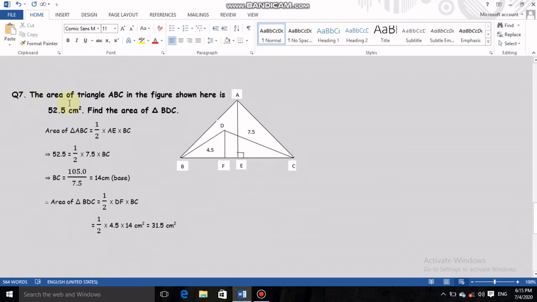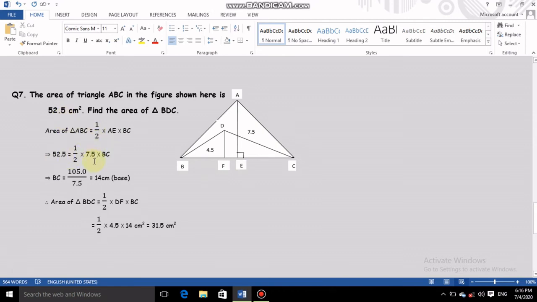Number 7. The area of the triangle ABC in the figure shown here is 52.5 centimeter square. So half into AE, this height, into base BC. Area of the triangle is 52.5 centimeter square, given.